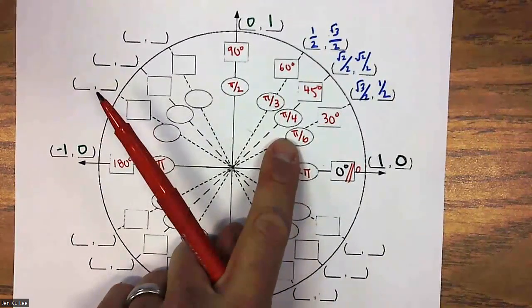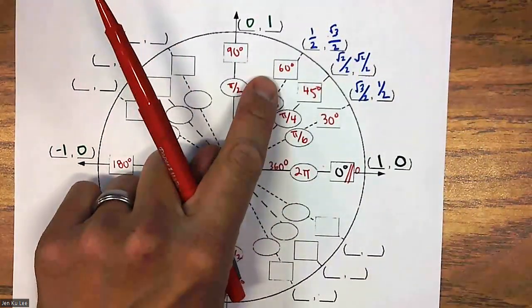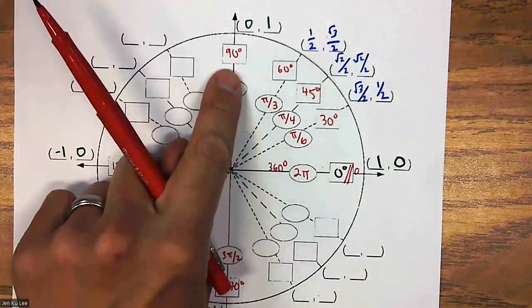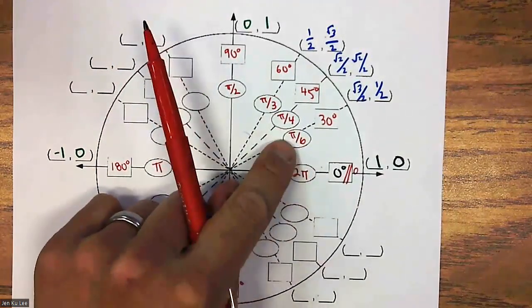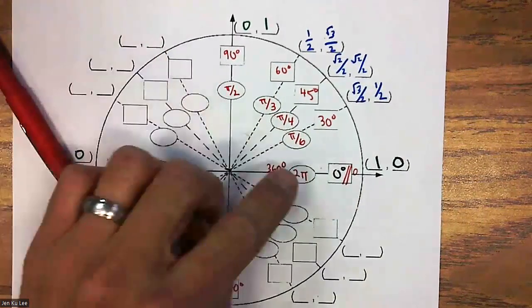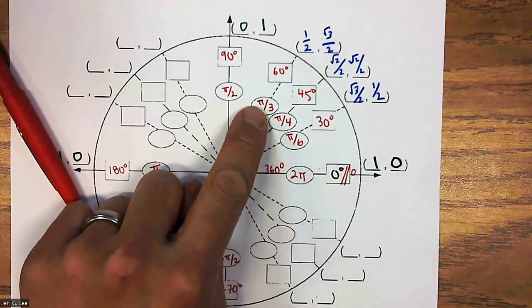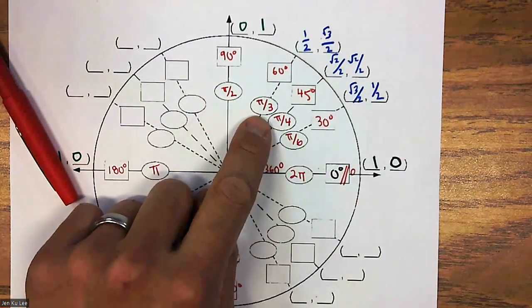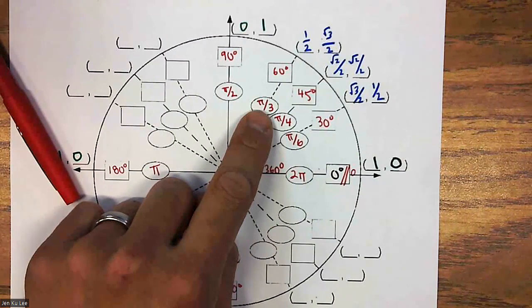So this is 30, right? 30 times 2 is 60. 60 times 2 is 90. Or I'm sorry, it would work better with radians. 1 pi over 6, 2 pi over 6, 3 pi over 6. You guys see how that's 2 pi over 6? Pi over 3 equals 2 pi over 6. Yeah.